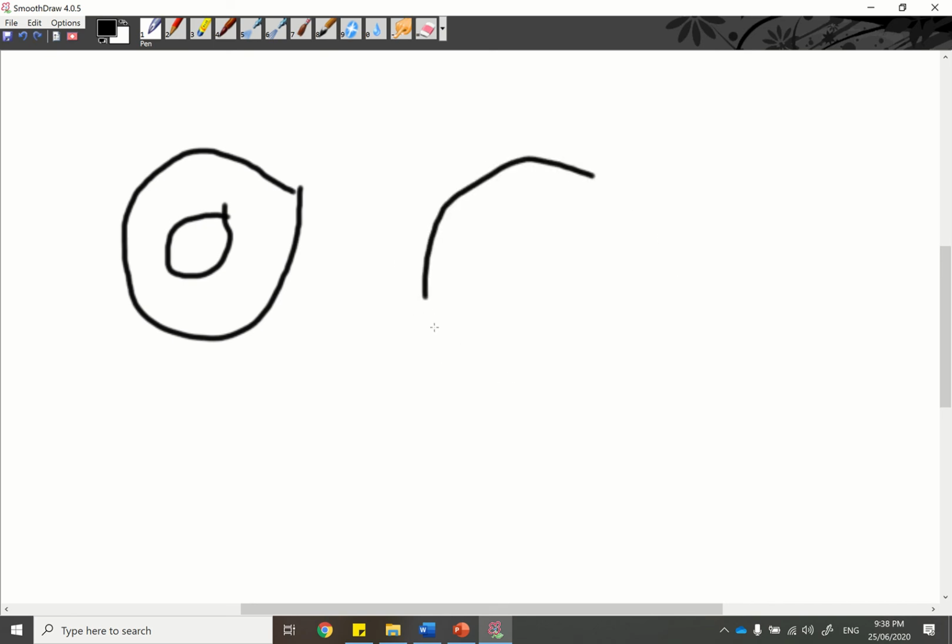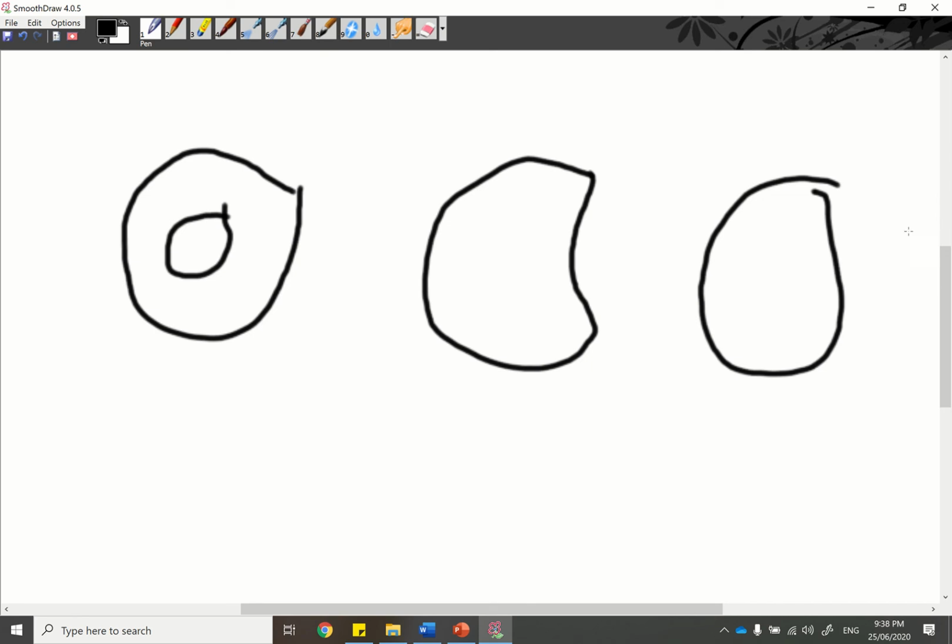Actually, step 2 is going to be like this, and step 3 will be like that. Now, as we can tell, there's progress being made. So first step, let's say this is cell waste.